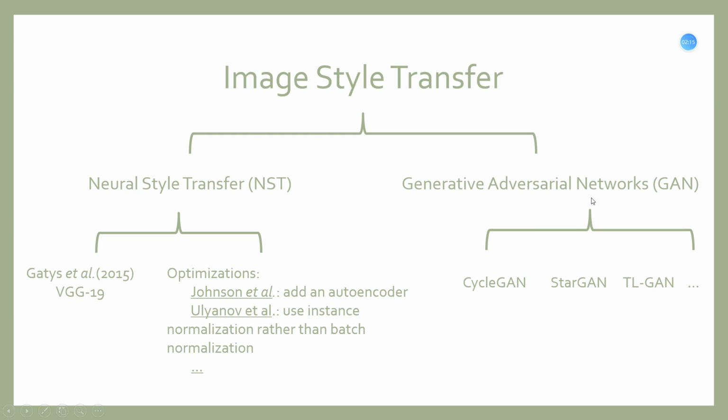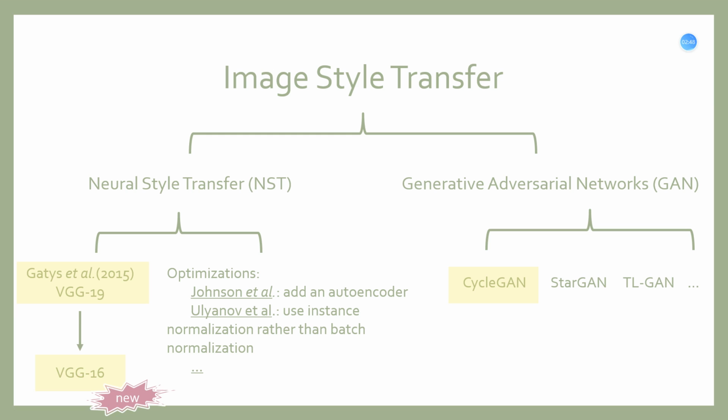In the GAN part, we have many models, for example CycleGAN, StarGAN, TL-GAN, etc. In this project, we will mainly focus on the first work provided by Gatys and CycleGAN. Like I said, Gatys et al. already used VGG19 in their work, which is a descendant of VGG16.